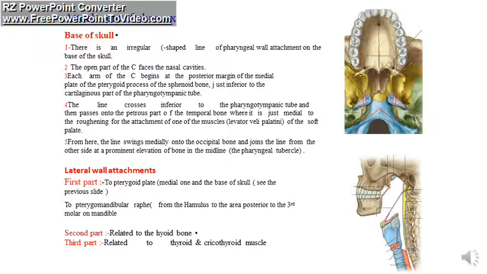If you look here, the structure, base of the skull, and this is the trachea and the laryngeal apparatus, and the ligament, which is the stylohyoid.